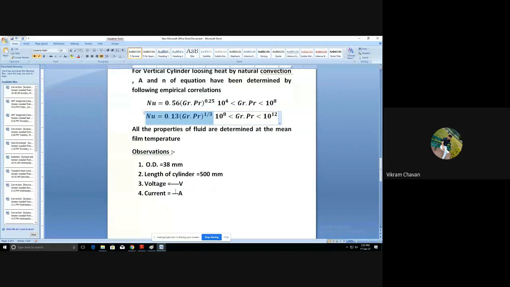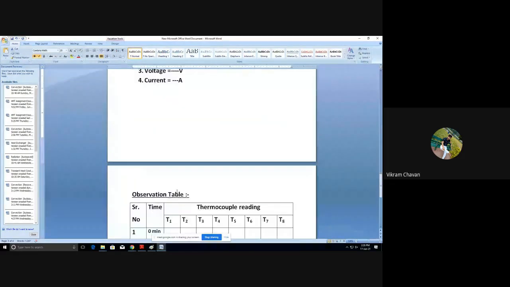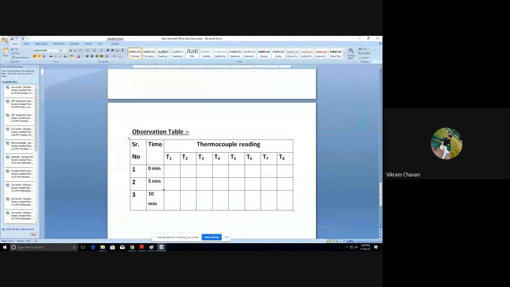Then we have to take the observations for voltage and current, by adjusting the appropriate electric supply to the heater. And then finally, the observation table. In the observation table, the first seven readings are the surface temperatures of the hollow cylinder, and the last temperature T8 is the ambient air temperature.